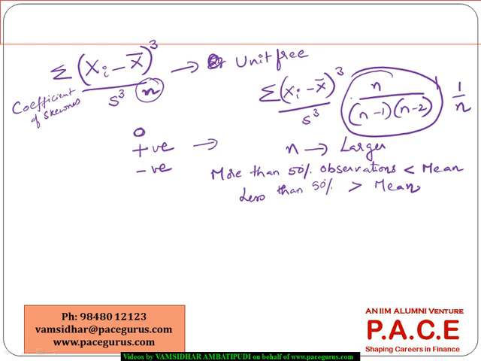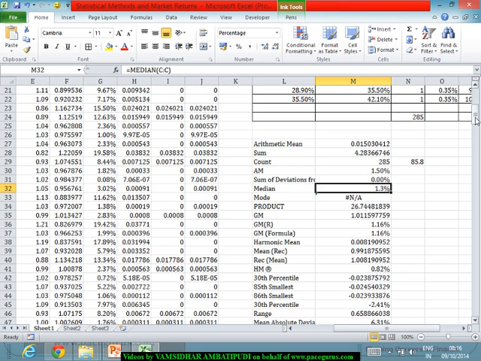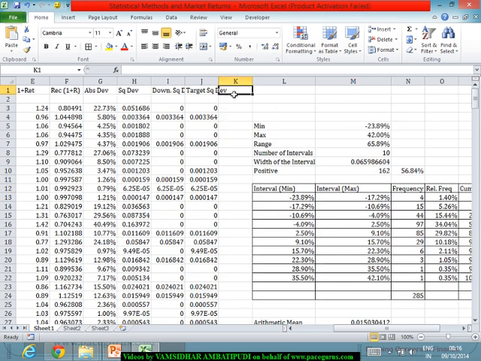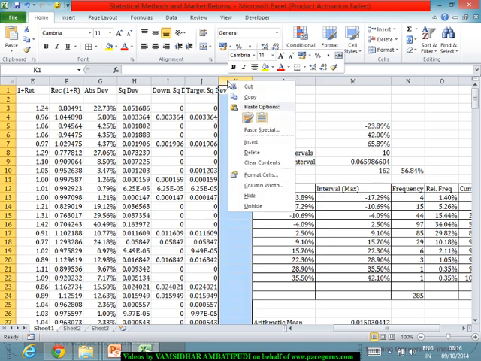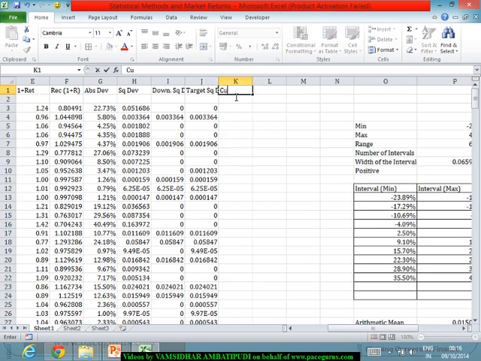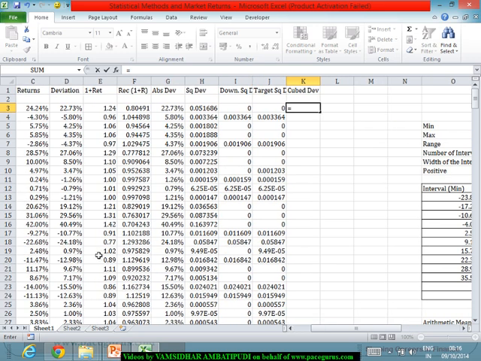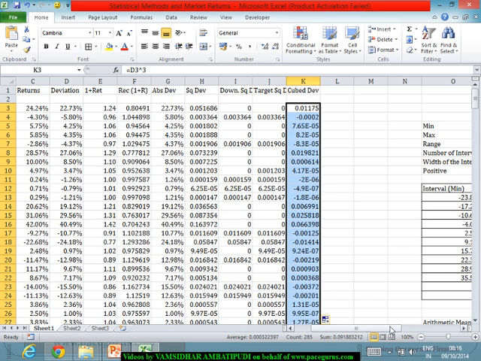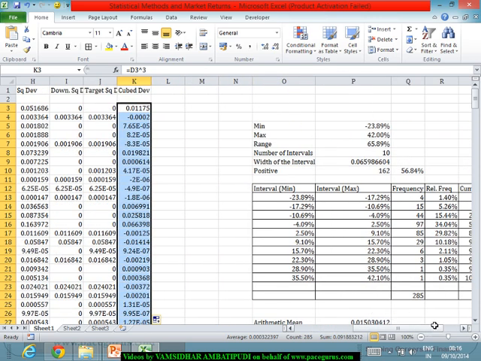So if I have to compute the coefficient of skewness in my data, let me take the cubed deviations to understand the concept first, then I can apply the formula as well. I have already computed the deviations earlier, so I'll just take the cube of those deviations. These are the cubed deviations from the mean. I can simply take the average of these cubed deviations.